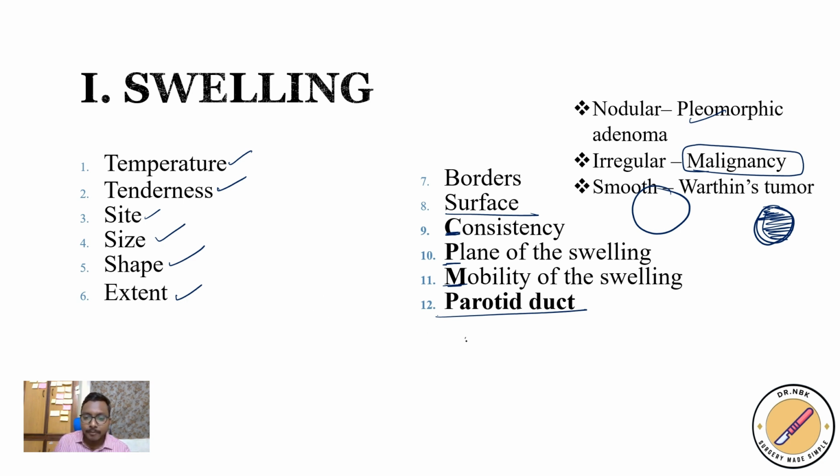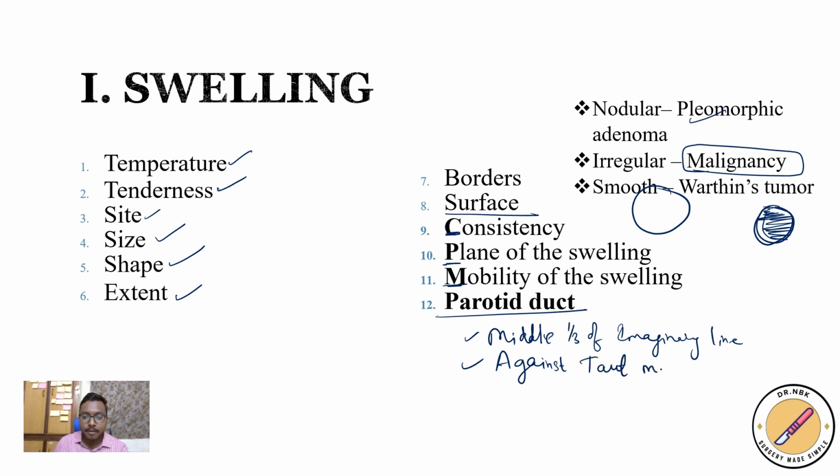That's where you have to check. And how will you check? You will ask the patient to clench the teeth, and you will always check against the taut masseter muscle.